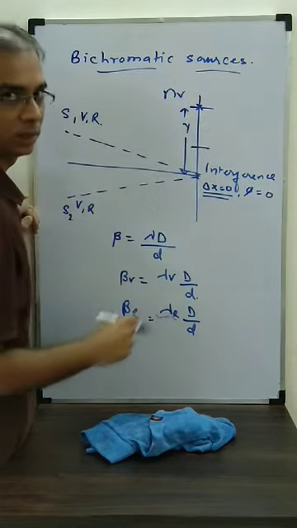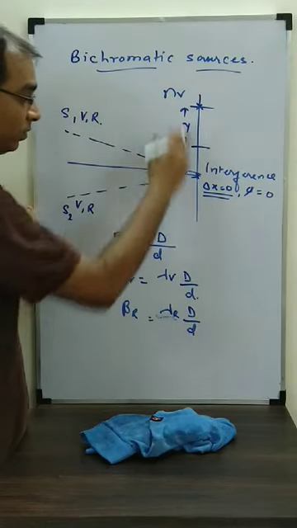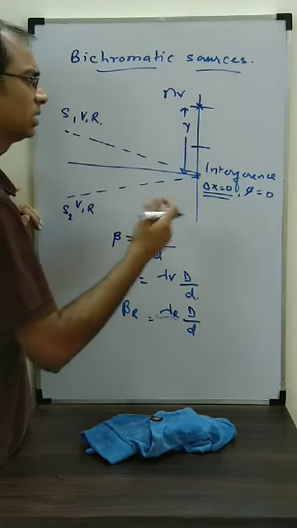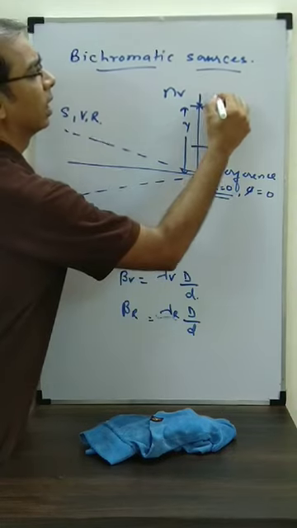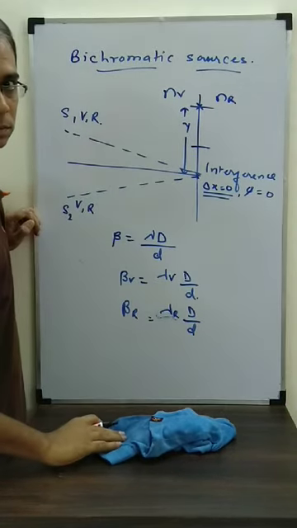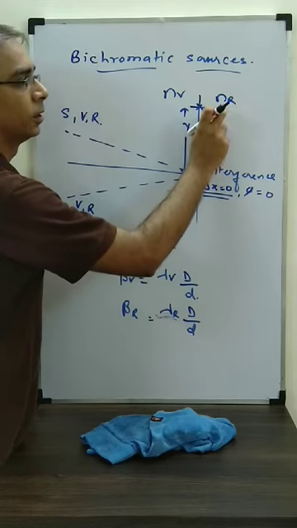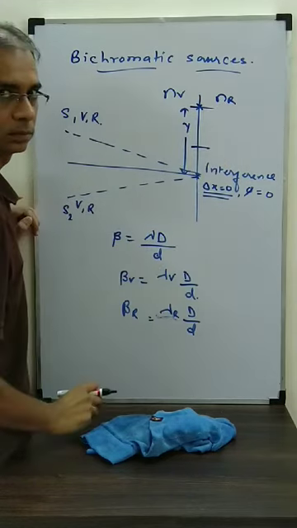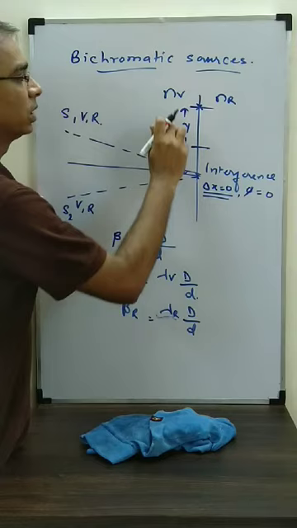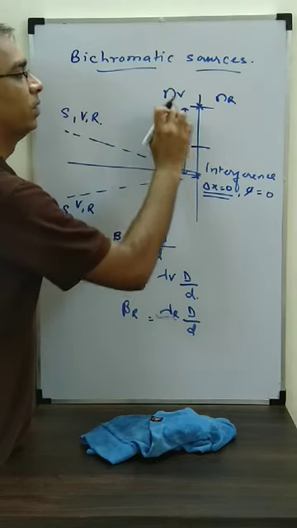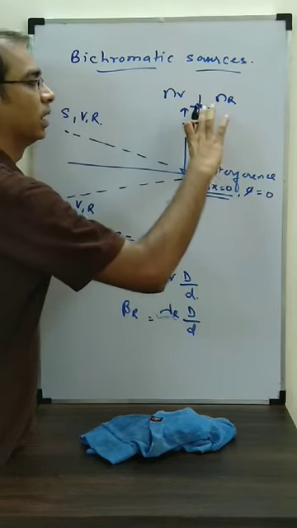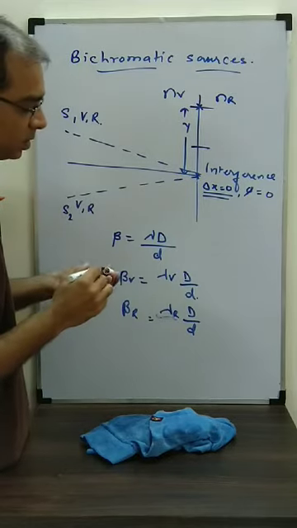So NV maxima means NV fringes. In the same way, for red there are NR fringes. So in this one, there are NV fringes of violet, and in this one, NR fringes of red.